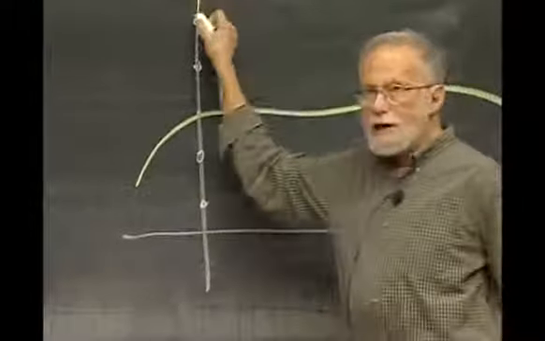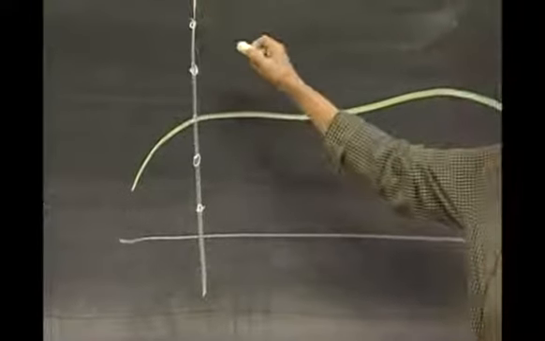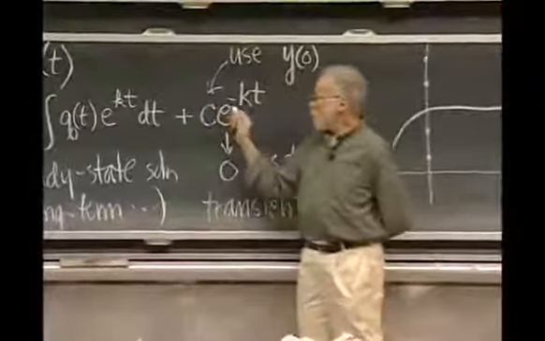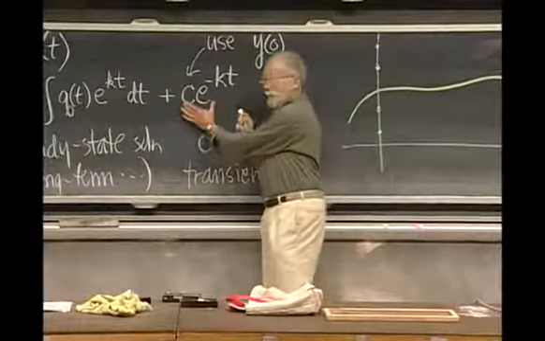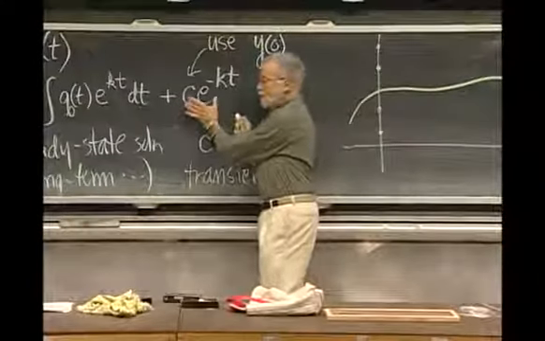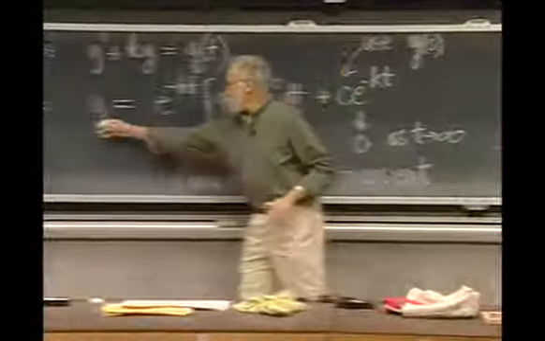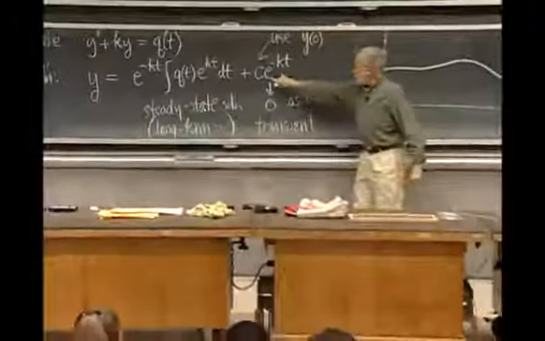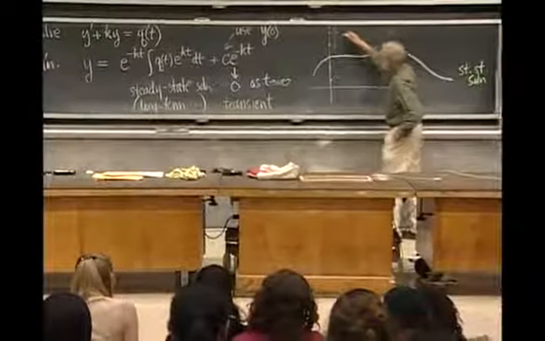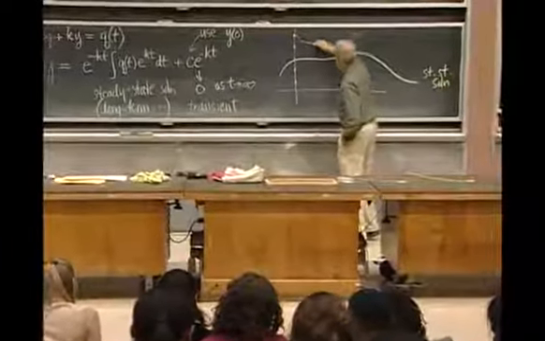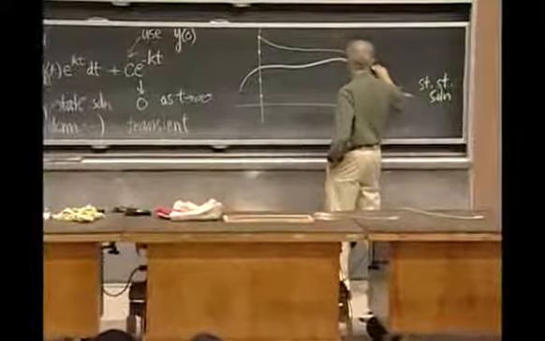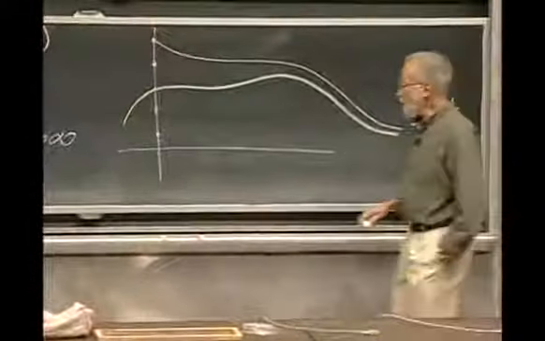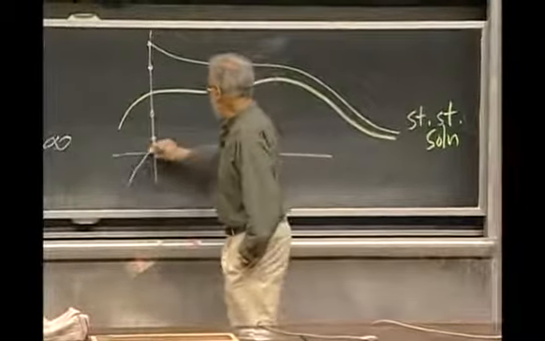So in the beginning, they won't look like the steady state solution, but we know that as time goes on, they must approach it, because this term represents the difference between the solution and the steady state solution. So this term is going to 0, and therefore whatever these do to start out with, after a while, they must follow the steady state solution more and more closely. They must, in short, be asymptotic to it.